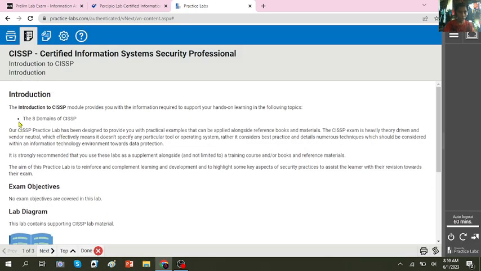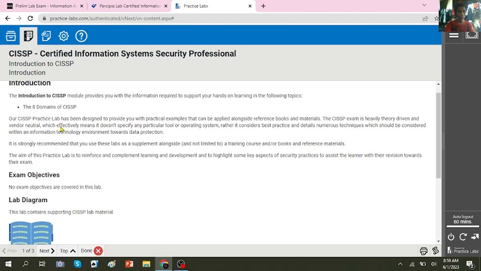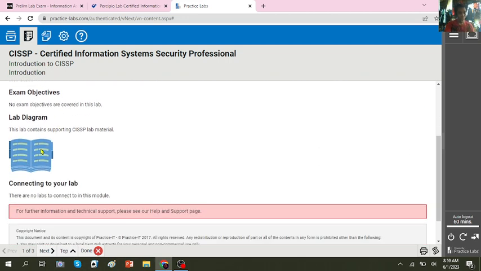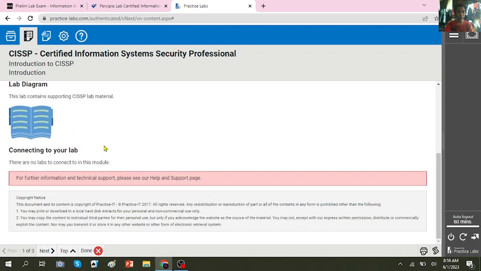The introduction to CISSP module provides you with the information required to support your hands-on learning in the following topics. First, the 8 domains of CISSP. No examples are covered in this lab. Lab diagram: this lab contains supporting CISSP lab material.